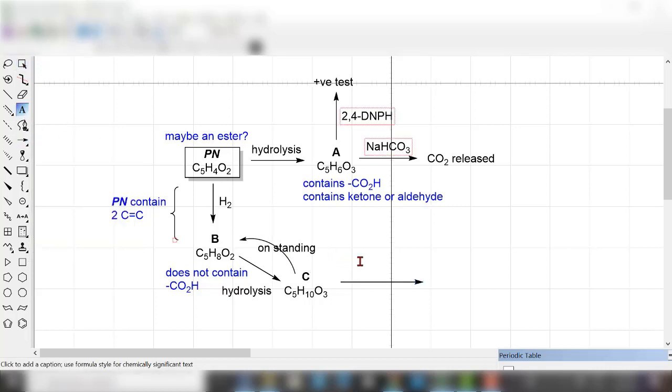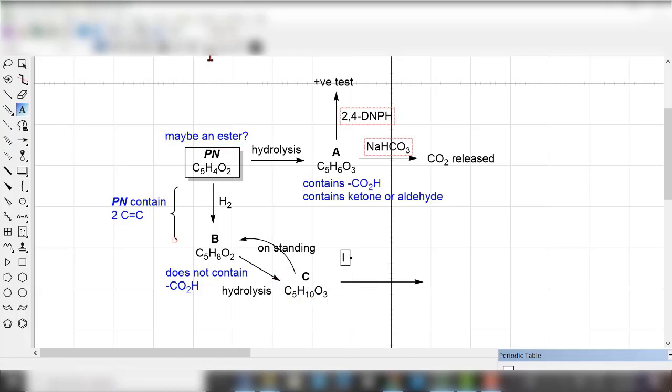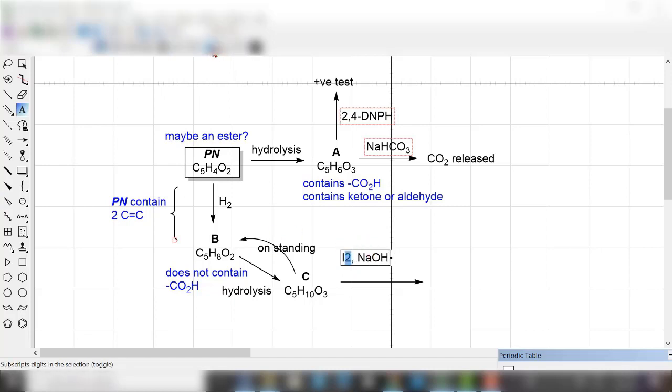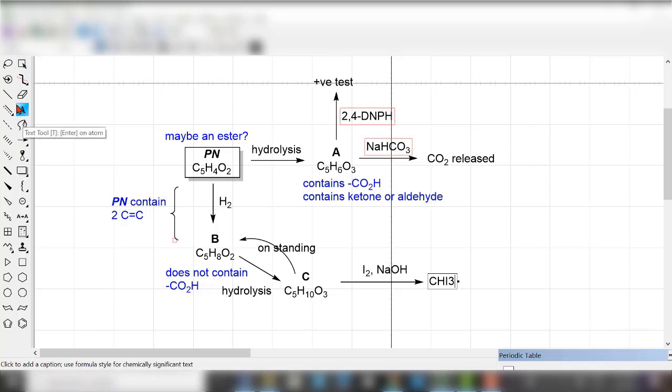So again, aqueous alkaline iodine, I2 in NaOH, gives you the yellow PPT, which is CHI3, plus D.